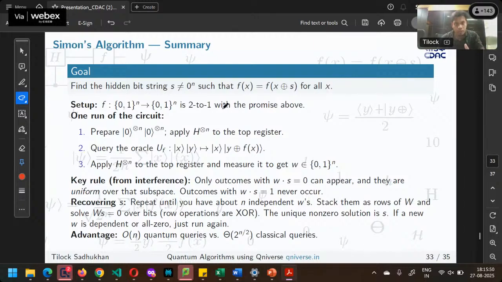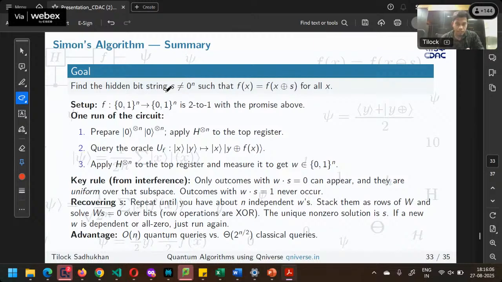I'll repeat once again: we had this promise from the very beginning that our function f is a two-to-one function. And one more promise we started with: s cannot be a string of zeros only.